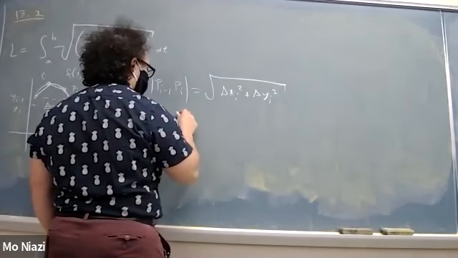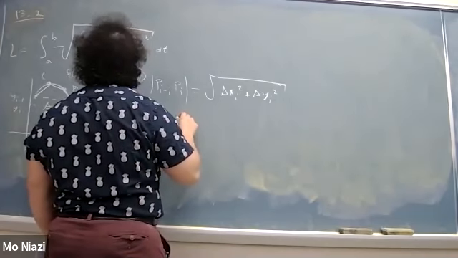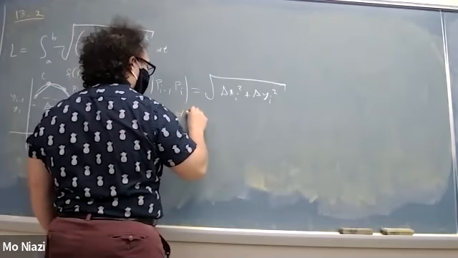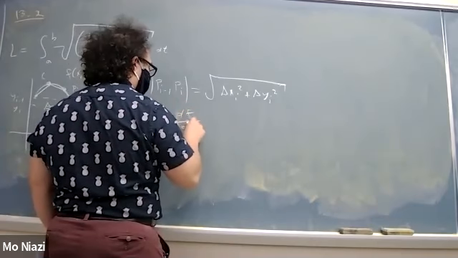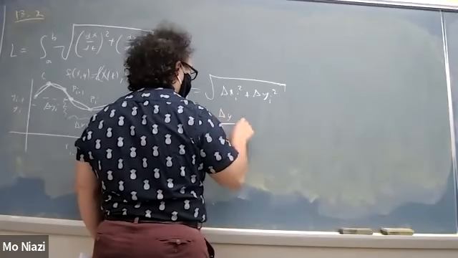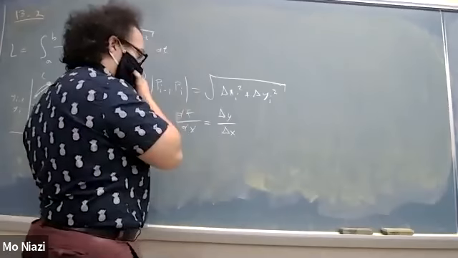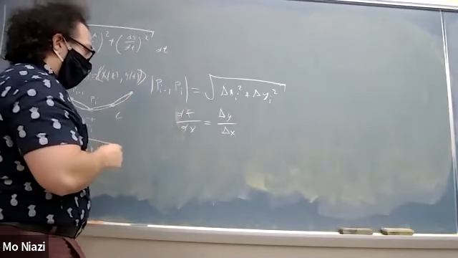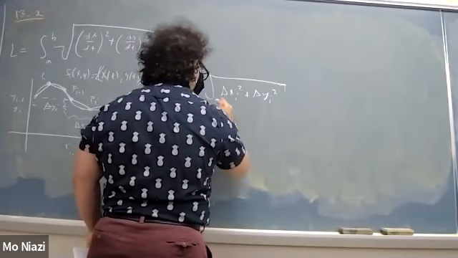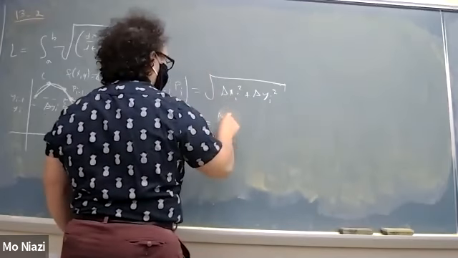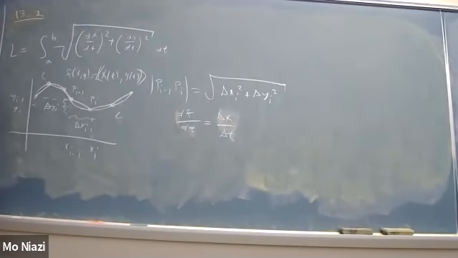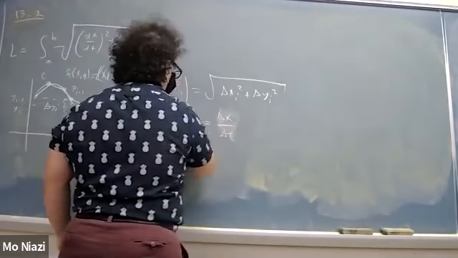We can say df/dx is actually equal to the change in y over change in x. Oh, what I meant to say is t. And what I want to call this is f prime.